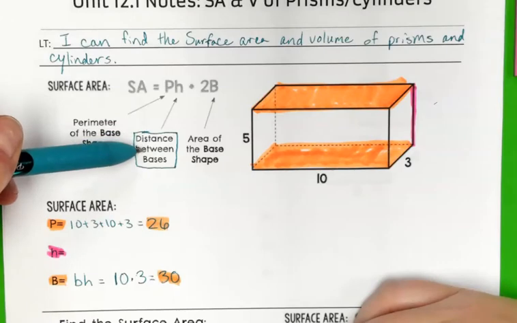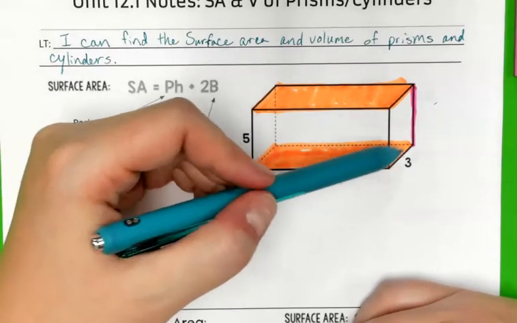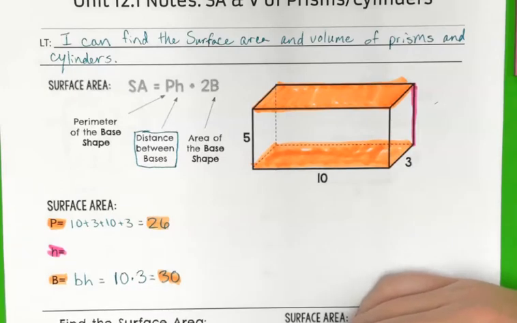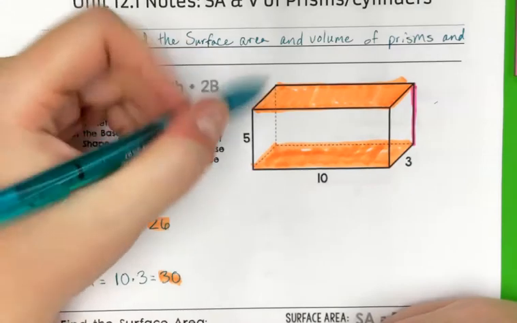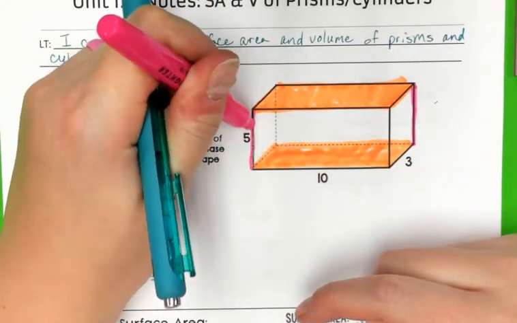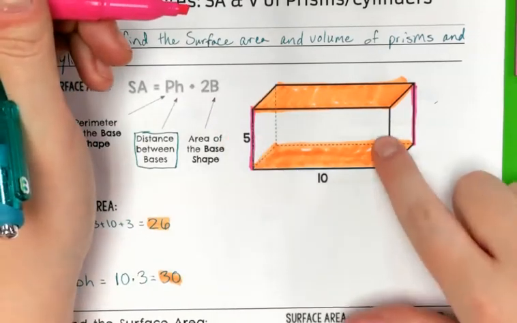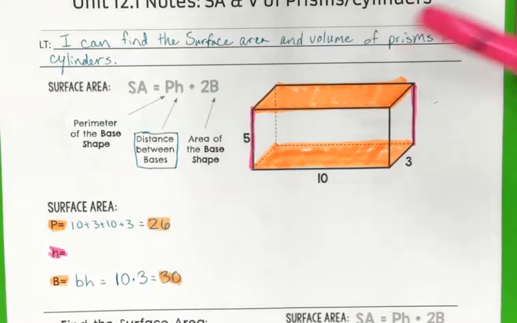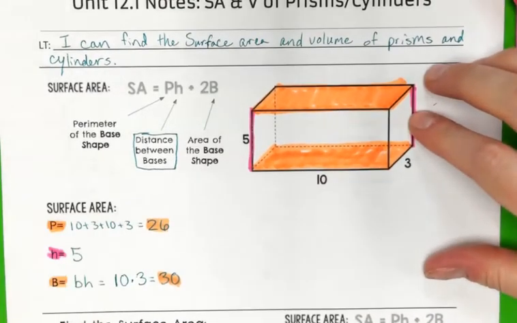It is just simply the distance between the two bases. So it is how far apart are those two things that you highlighted. So since you're always going to highlight your bases, how far apart are they? Well, they are 5 units long. I'm actually going to highlight this one as well. So this one's 5. They're all 5, all of these heights. And that just simply goes there.